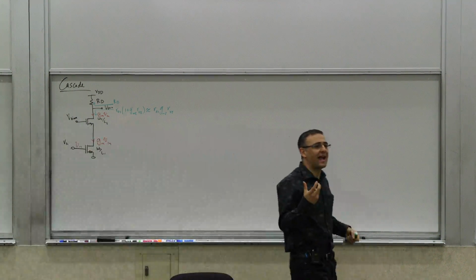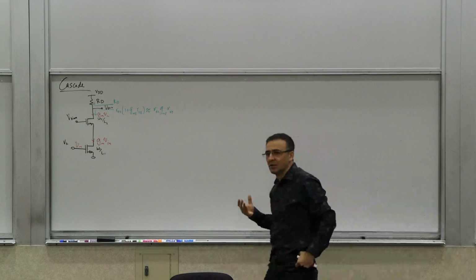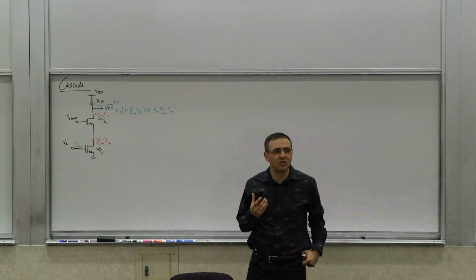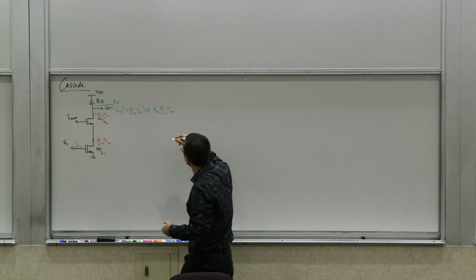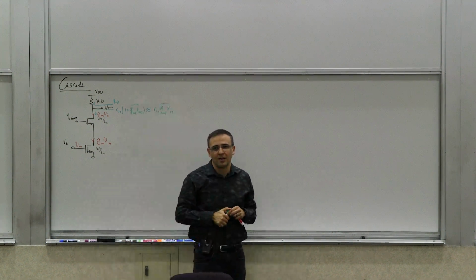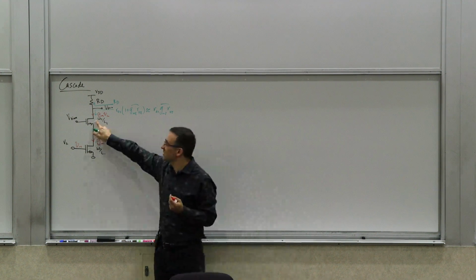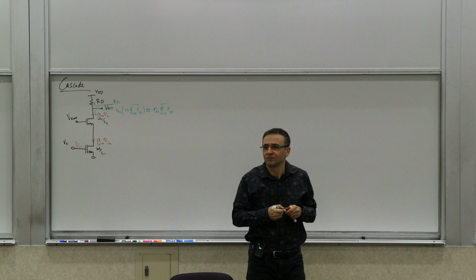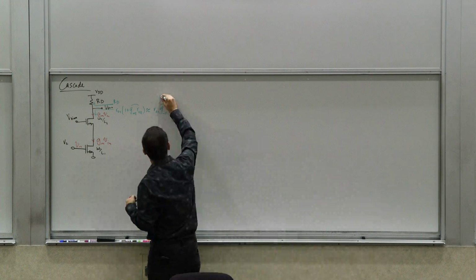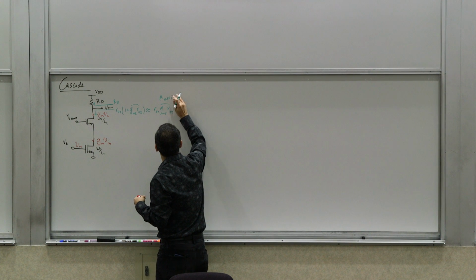Basically, what is that GM2RO2? What is this thing? Isn't it the maximum intrinsic gain of this transistor? So that's basically AV max 2.